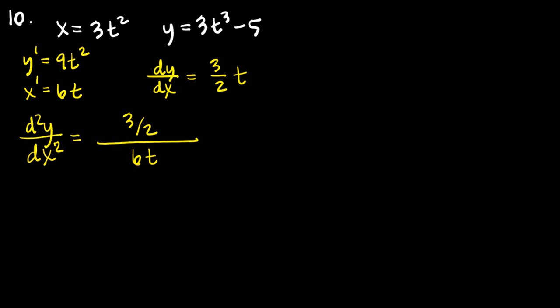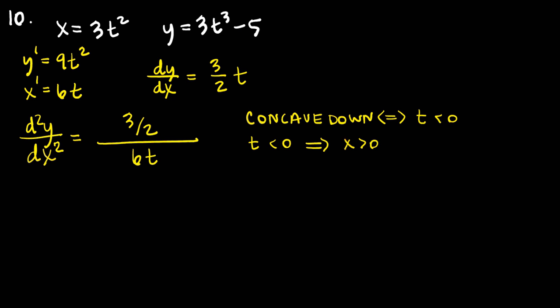Okay, now, the only way that I'm going to have this fraction come back as a negative number is if t is less than 0. So as far as concave down, that's if and only if t is negative. But if t is less than 0, then that gives me that x is positive, right? Because I take a negative number and I square it, it's positive, multiplied by 3, so positive.